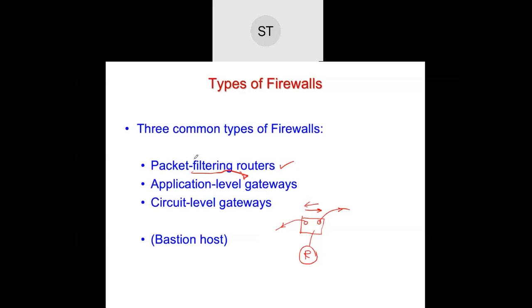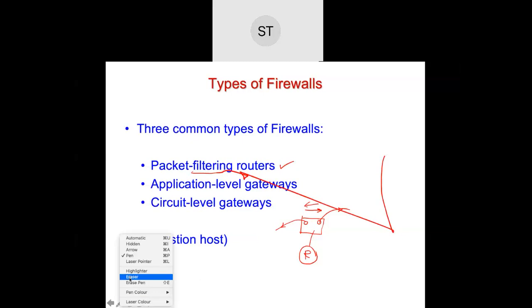Second is the application level gateway, which is currently called a proxy. I can put a machine at the edge, and depending upon what kind of application access is there, how will it identify the applications?